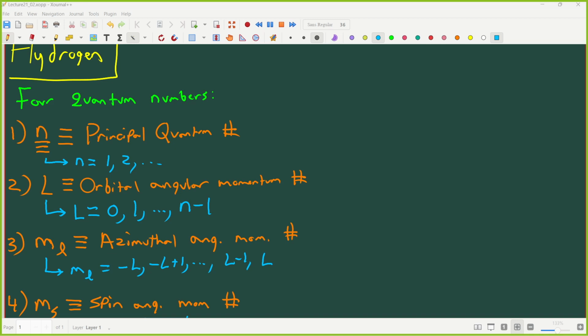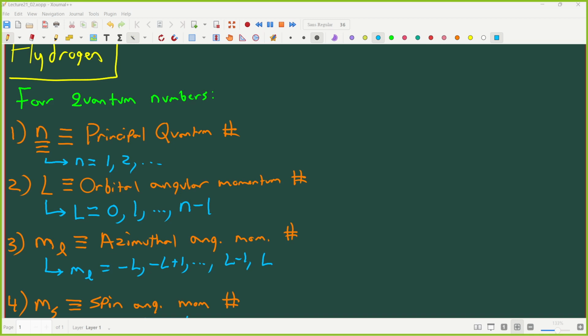So as n increases, the orbit gets further and further away, the orbital radius of the electron around the proton gets longer and longer. So n equals 1 is like Mercury, n equals 2 is like Venus, n equals 3 is like Earth. That's actually how Bohr came up with this idea for the hydrogen atom.